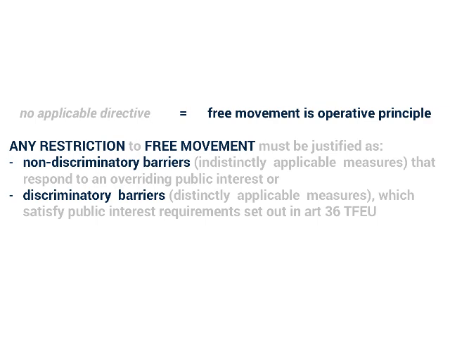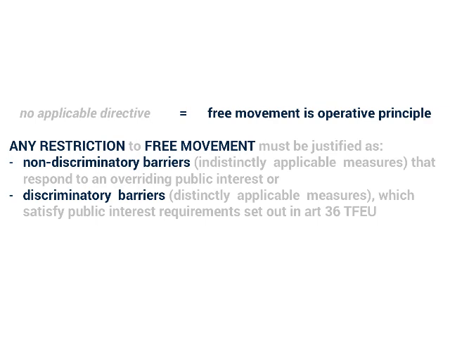So how does the internal market work as regards free movement? When looking at the internal market, it is necessary to distinguish between areas that have been the subject of an applicable directive and areas that have not. First, let's look at the situation where there is no applicable directive. If no directive has been adopted, under the Court of Justice decision in Cassis de Dijon, free movement is the operative principle as regards all goods, workers, services, circulating within the EU.